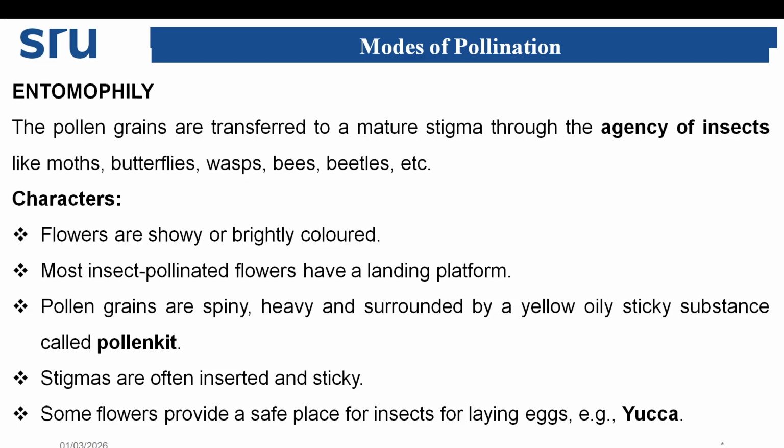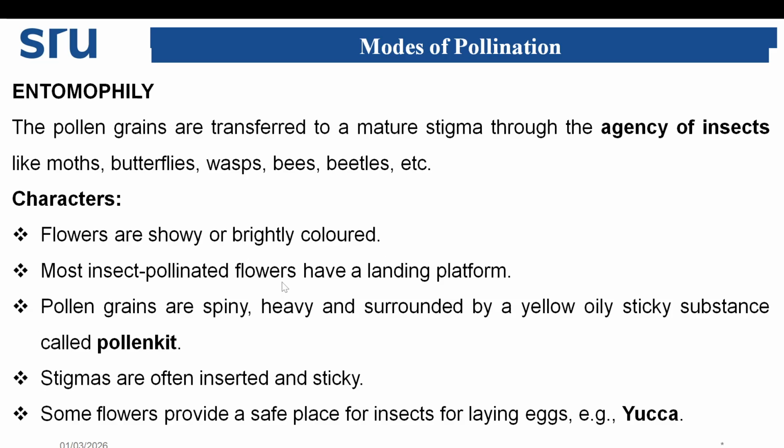Then the third mechanism is entomophily. The pollen grains are transferred to a mature stigma through the agency of insects like moths, butterflies, wasps, bees, beetles, right? The characteristics are that flowers are showy or brightly colored.